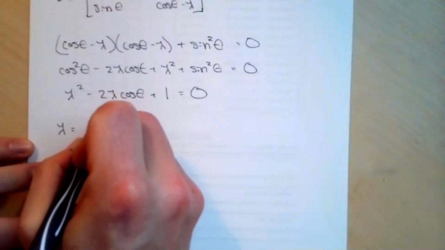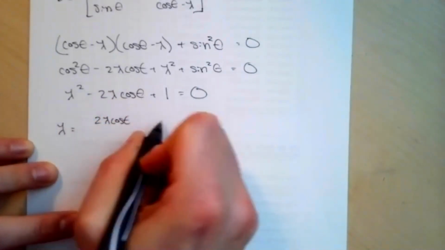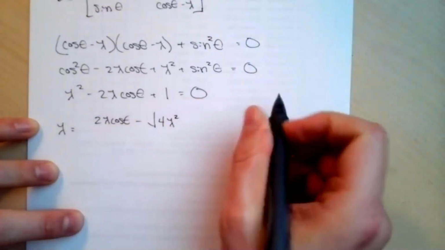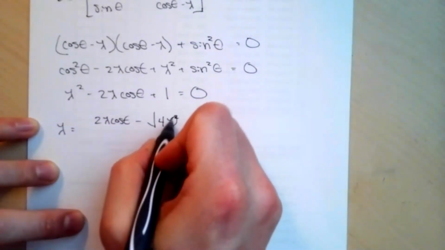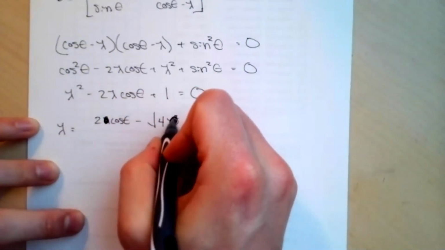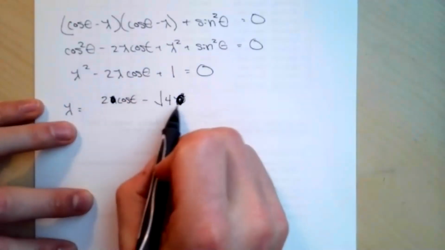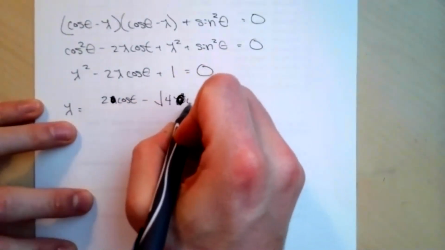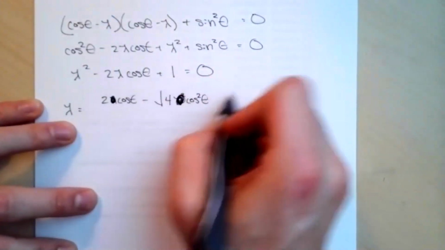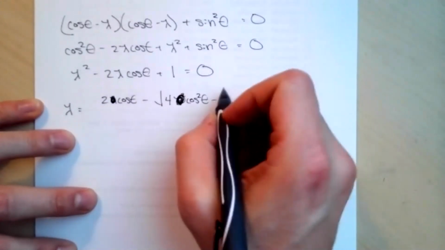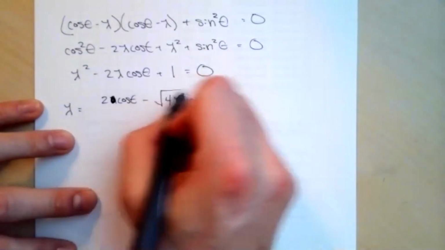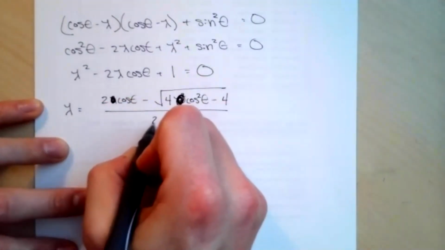So lambda is 2 cosine theta, sorry, I'm confusing which variable is what, 2 cosine theta, minus the square root of 4 cosine squared theta, minus 4ac. So 4 times 1 times 1, all over 2.